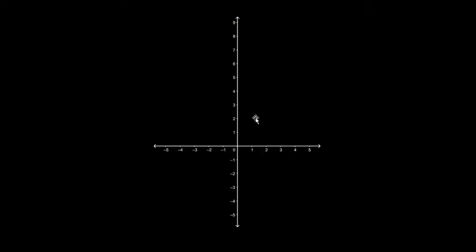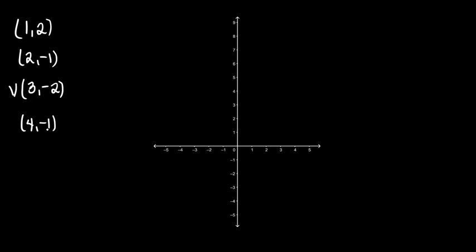Here I have the Cartesian plane, and we're going to plot the points that we just determined. The points are the following: (1, 2), (2, negative 1), the vertex, which is (3, negative 2), the other point being (4, negative 1), and (5, 2).